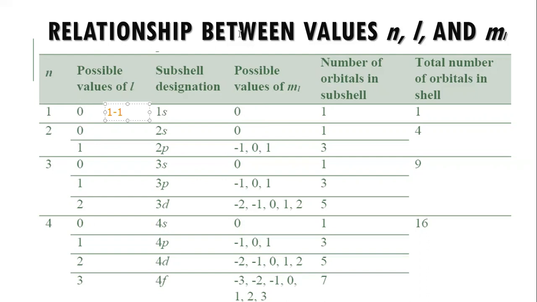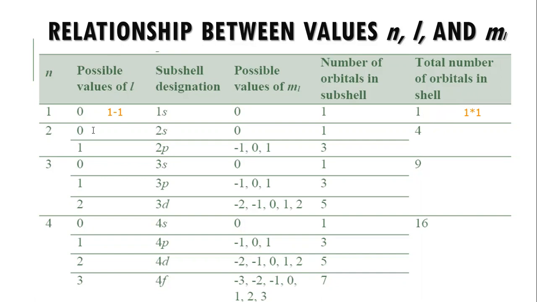If l is 0, the subshell is 1s, and the possible m value is also 0. So the number of orbitals in this subshell is 1. The total number is 1 squared, 1 into 1, that is 1.